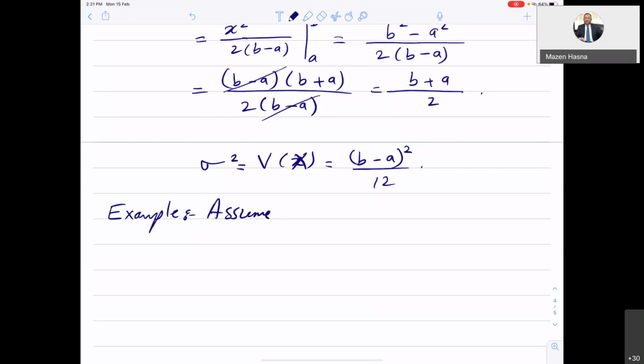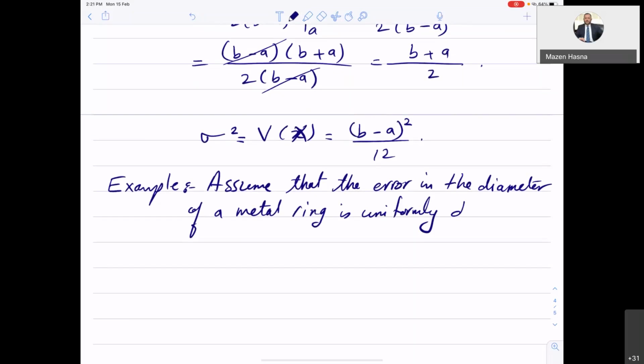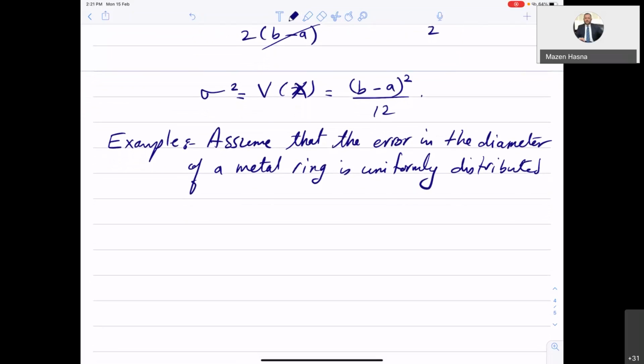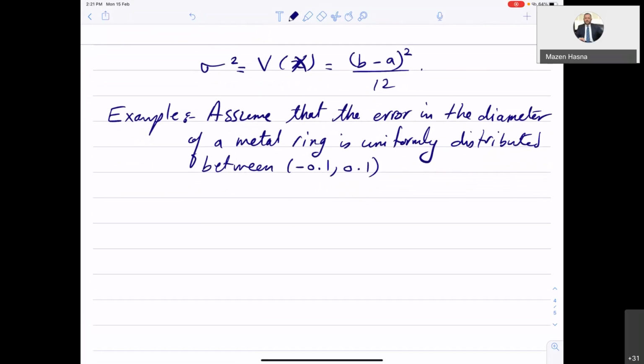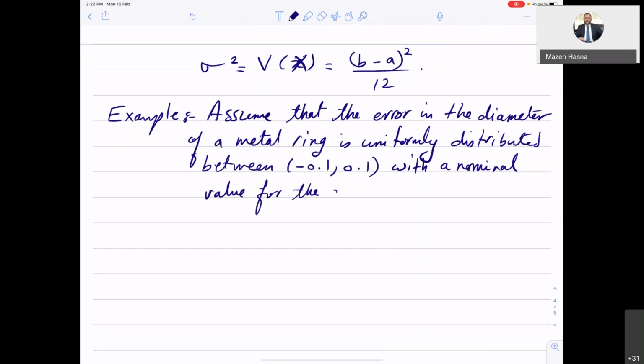Assume that the error in the diameter of a metal ring is uniformly distributed between minus 0.1 and 0.1, with a nominal value for the diameter of 1 centimeter.